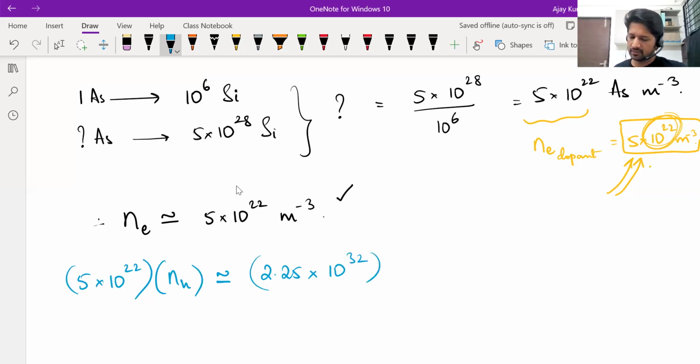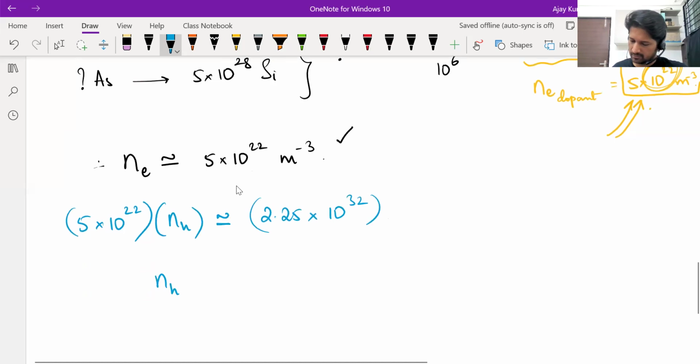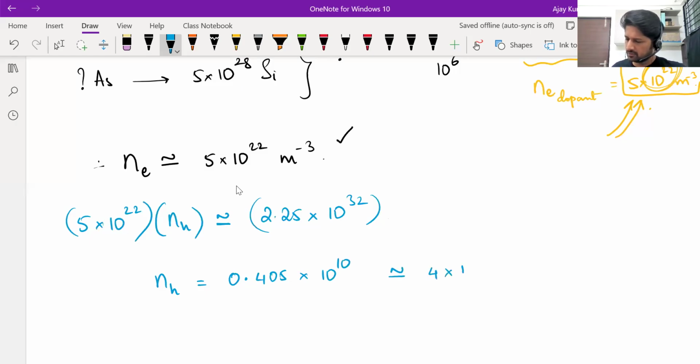From there you can get the hole concentration as well. 2.25 divided by 5 becomes 0.405, into 10 power 32 divided by 10 power 22, which is 10 power 10. So you can say this is approximately 4 into 10 power 9 per meter cube. That's the concentration of holes.